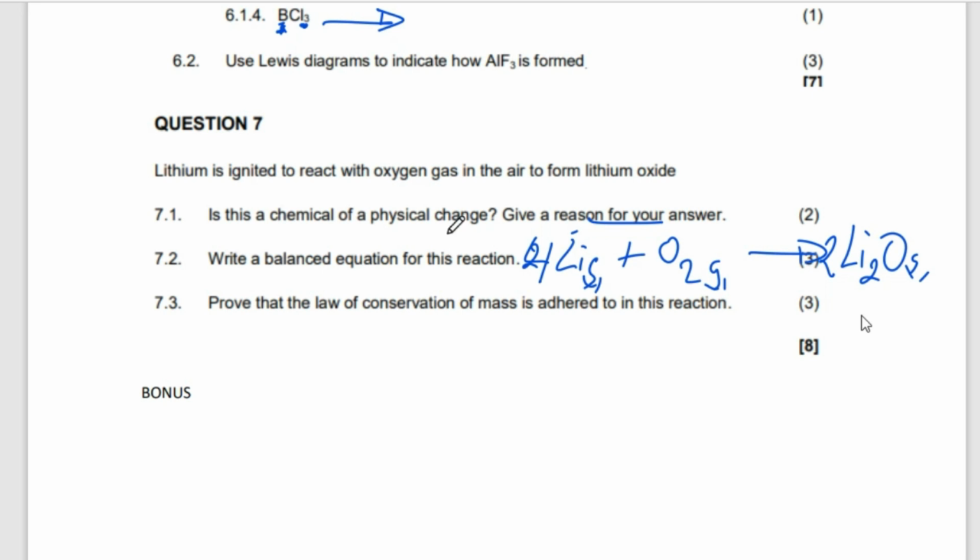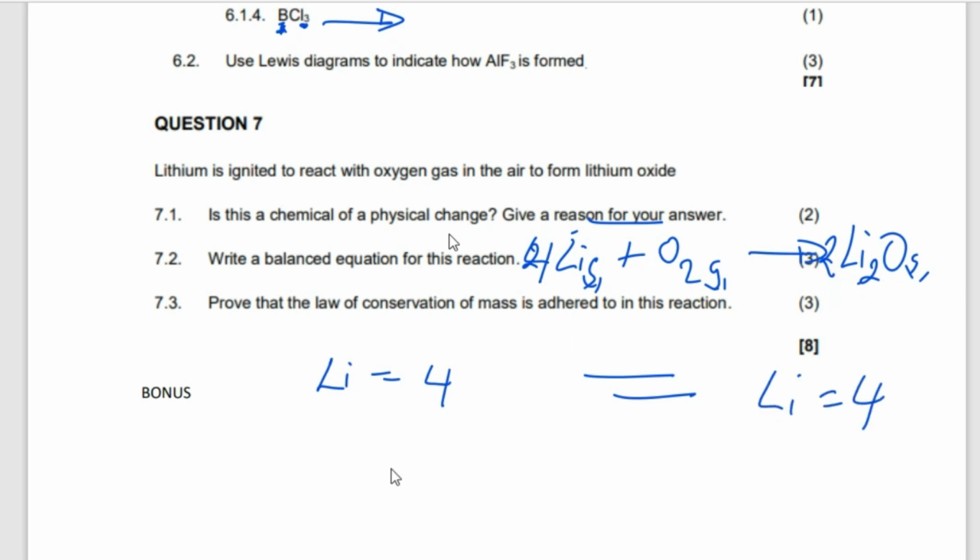Then they're saying prove that the law of conservation of mass is adhered to. So in this case, you're going to have lithium on this side, and on the other side, lithium is 2 times 2, so lithium is also 4.